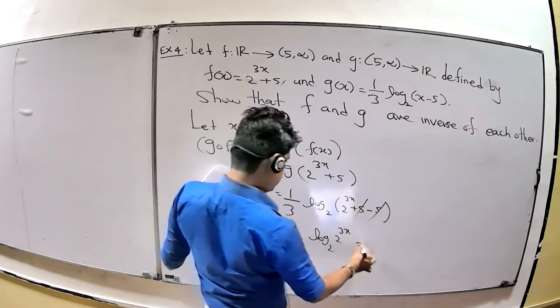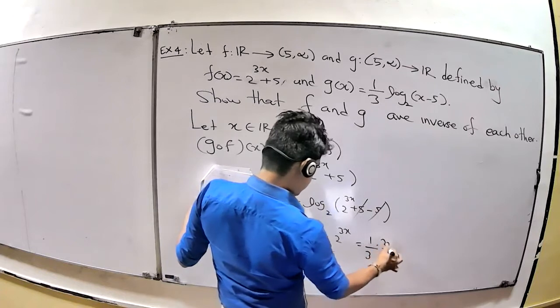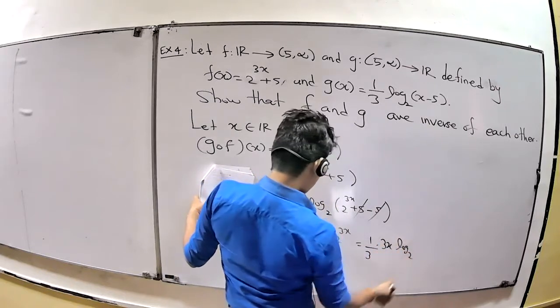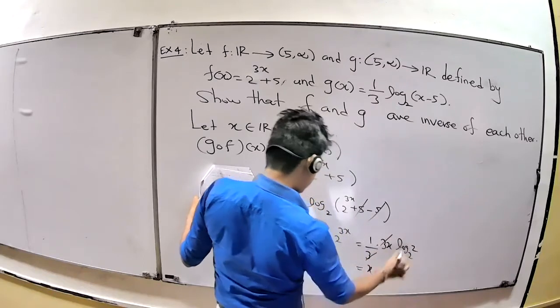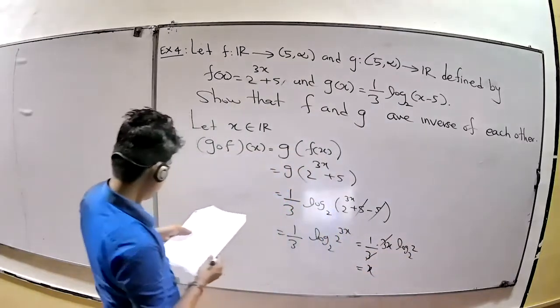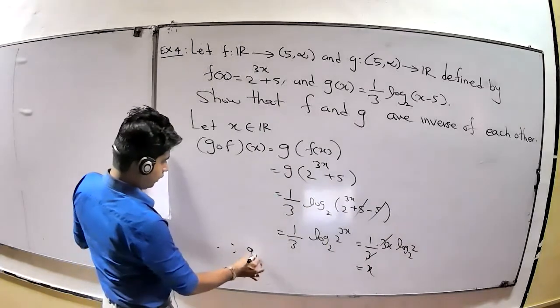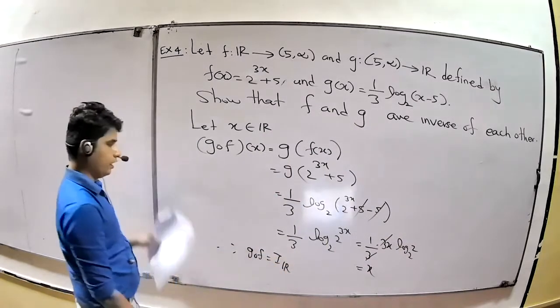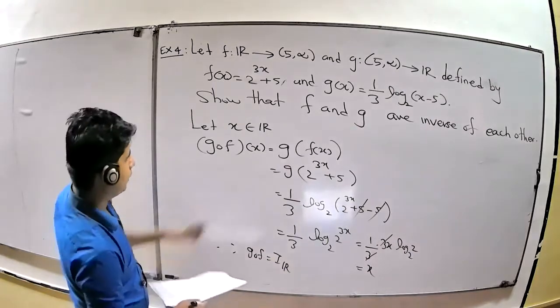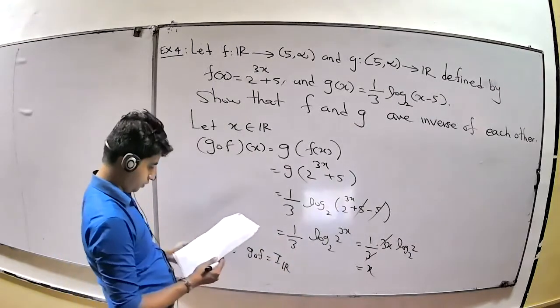Then you can take inside 1 by 3 into 3x times log base 2 of 2, which is 1. Therefore the 3 cancels and you get x. X means identity, no? That is g composition f equals I real of x, again x.